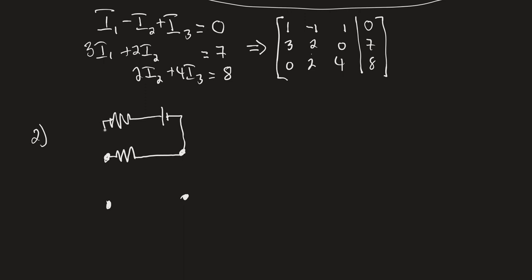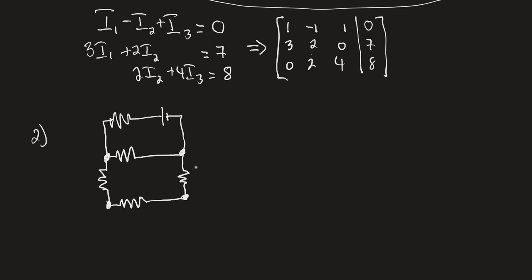And then down back here we have another resistor, and then another resistor here. And then there to another junction, and then we have another resistor along that path.